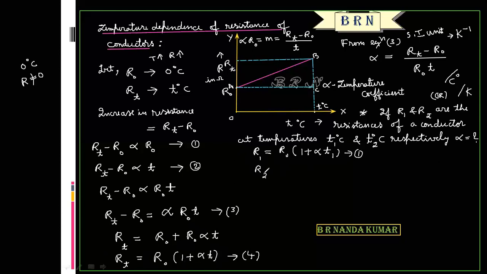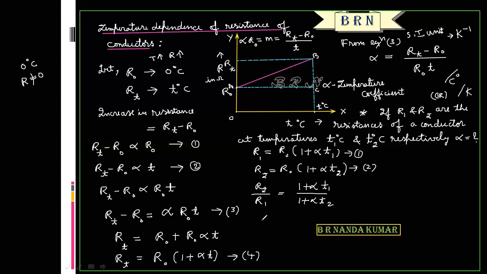And R2 is equal to R naught (1 plus alpha T2). Call this equation number 2. Now R2 divided by R1, R naught cancels, giving (1 plus alpha T2) divided by (1 plus alpha T1).